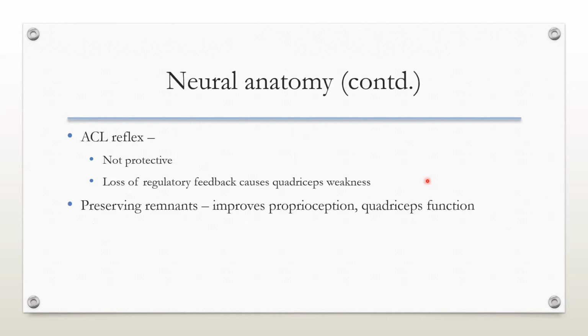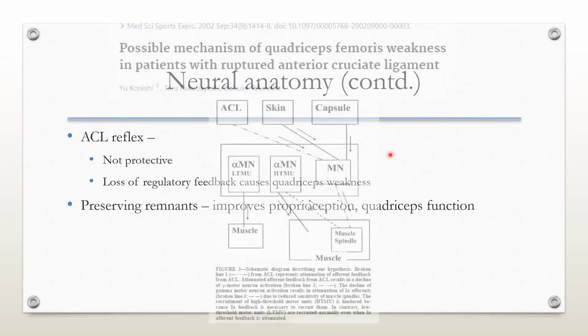So what is the relevance of these mechanoreceptors? It has been shown that they are involved in something called the ACL reflex, which is not primarily a protective reflex for the knee. Rather, it is regular feedback which causes recruitment of muscle spindle fibers, thus enhancing quadriceps function.